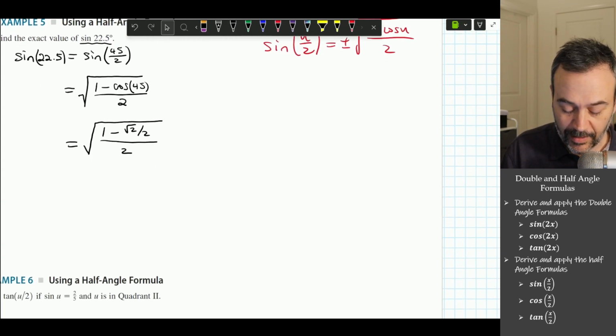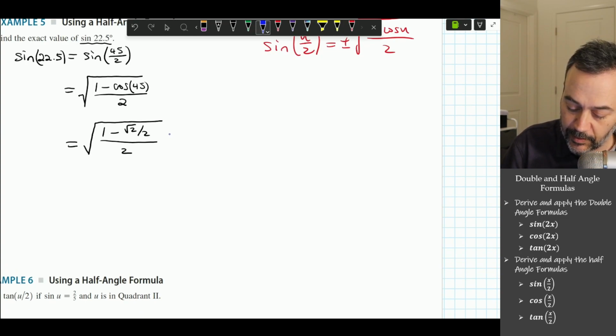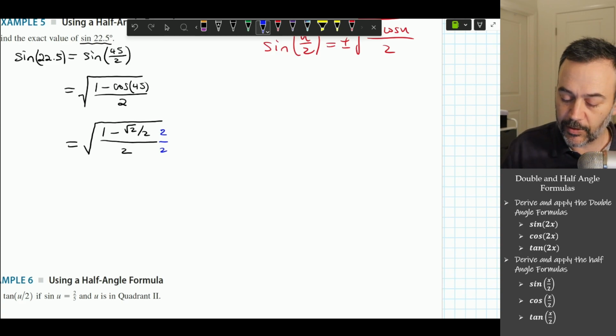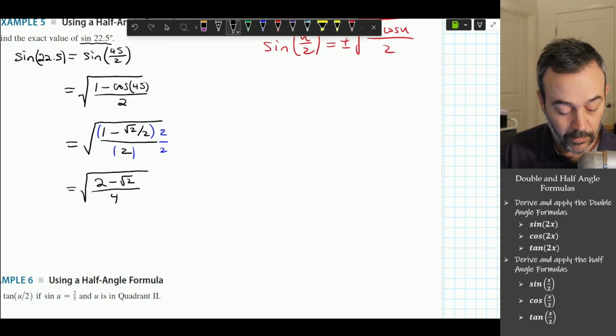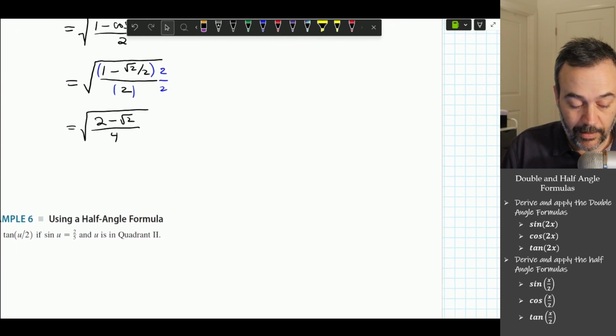And I can multiply top and bottom of this fraction underneath the radical by 2 over 2. That'll clear this denominator. Square root of 2 minus root 2 over 4. And I can take the square root of 4 and bring that out.